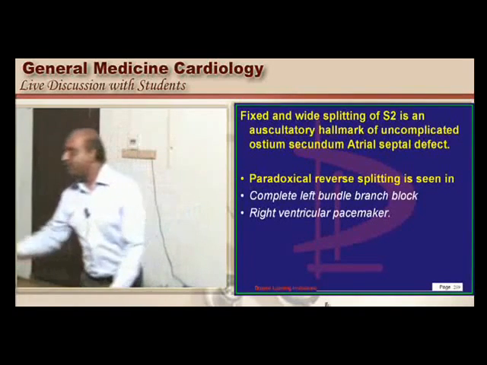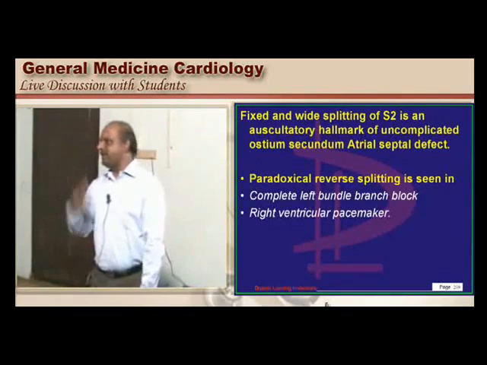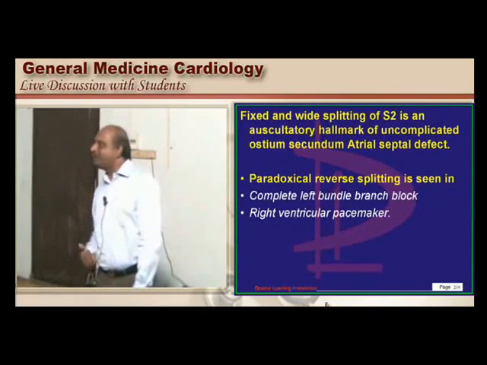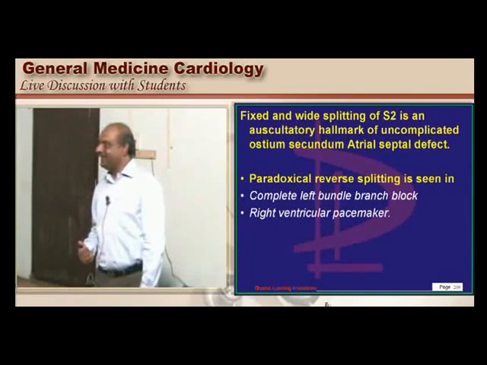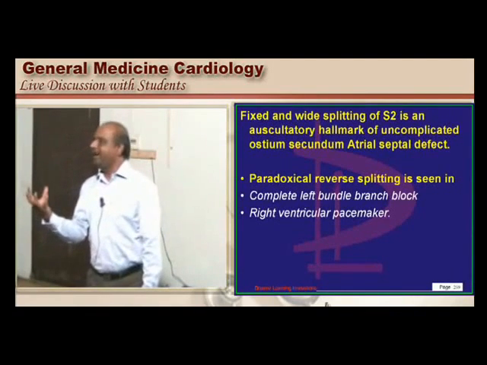But the systemic veins will say, please take our blood, because there is a negative intrathoracic pressure, we are expected to push extra blood into you. The right atrium says, generally I listen to your word, but I have a septal defect here. So already I have some pressure inside, check if you can push the blood into me. And systemic veins can't push blood into an already high pressure in the atrium.